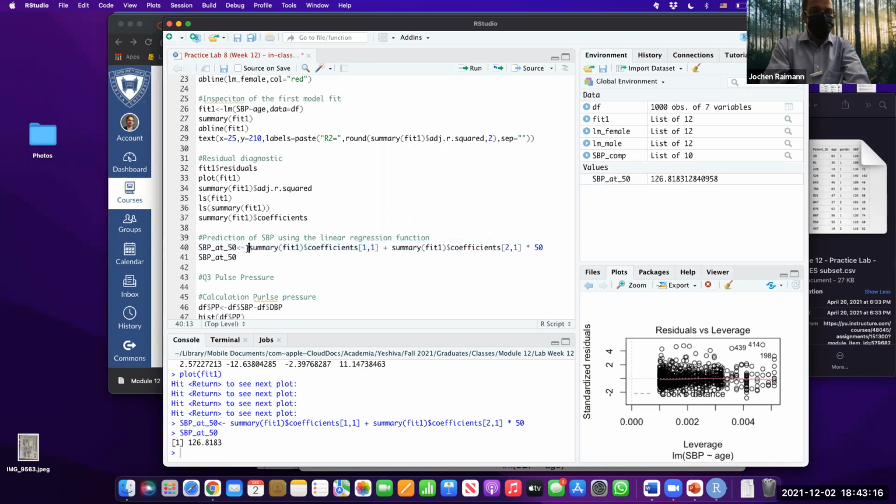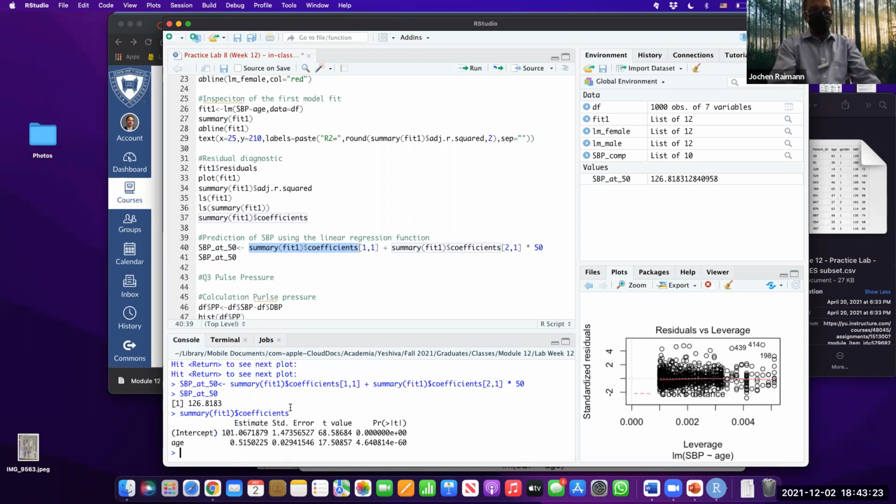When you look at summary fit one coefficients, [1,1] will be your intercept, and summary fit one coefficients [2,1] is the slope for your age, 0.51. Multiplying that by 50 and adding that to the intercept gets you an estimate of where a 50-year-old's blood pressure would be on the y-axis. That's just one way you can use this prediction.